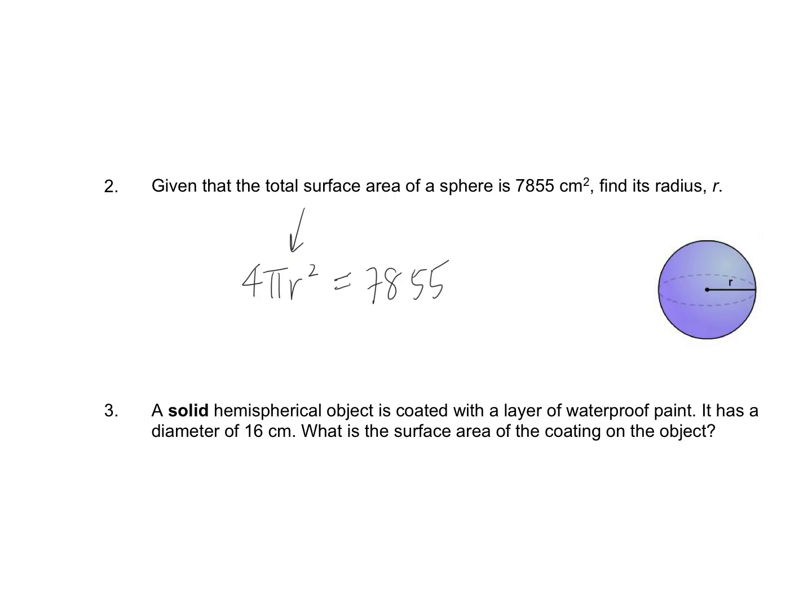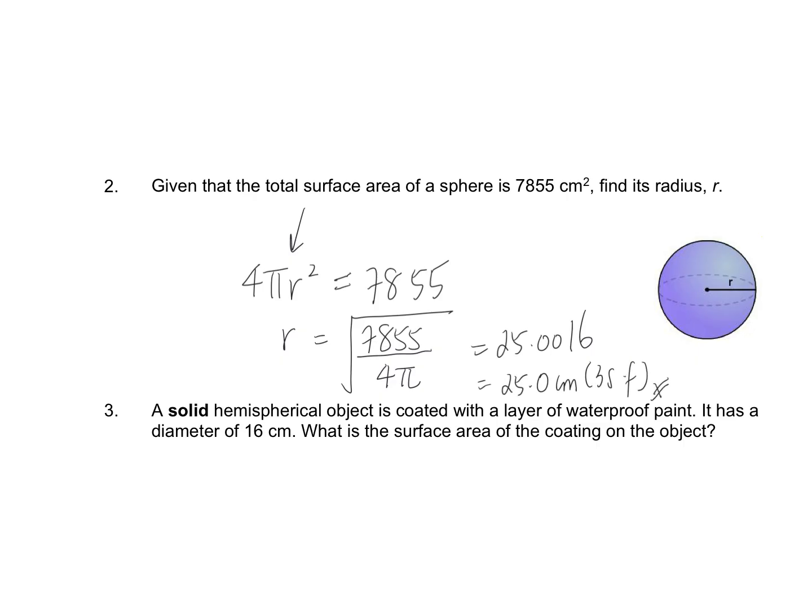So how to find r? You will use 7855 divide by 4 pi followed by a square root. So 3 significant figures, 25.0.